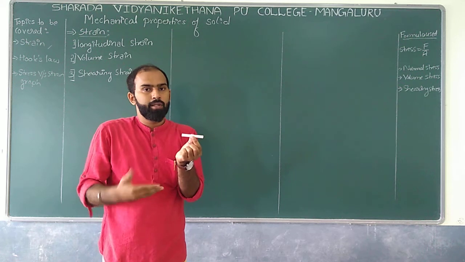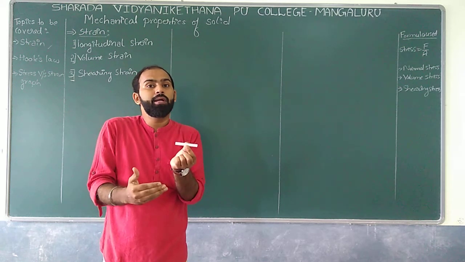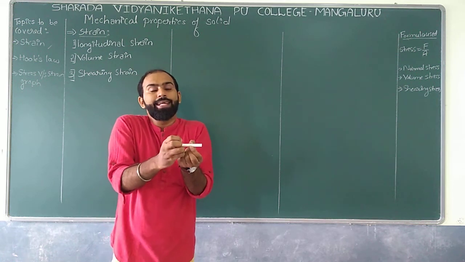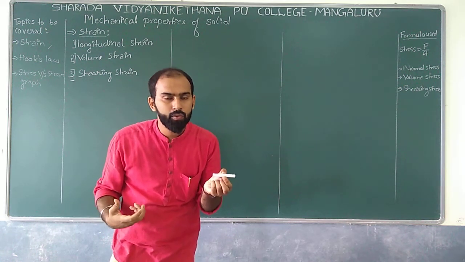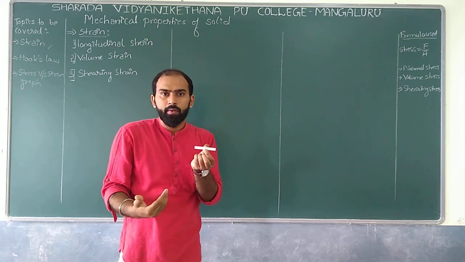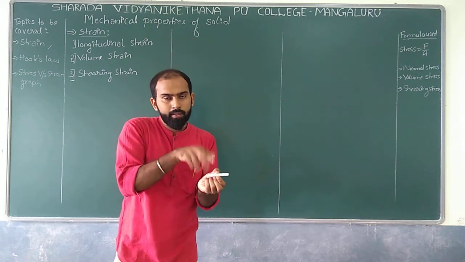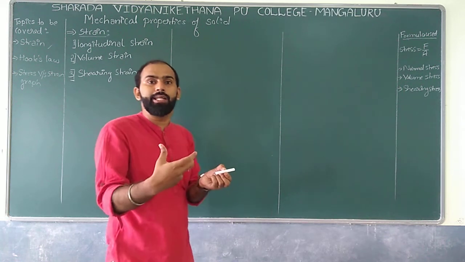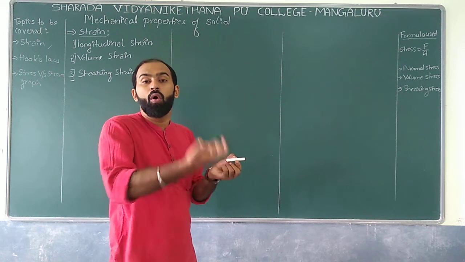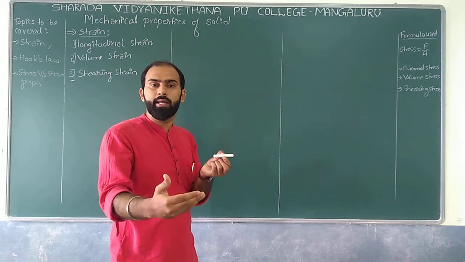The force which is responsible for deformation, correct? If so, don't you think its length is going to vary? When the length of the object varies with respect to its initial length, the ratio of the change in dimension with respect to the original dimension, I can say, is a strain.